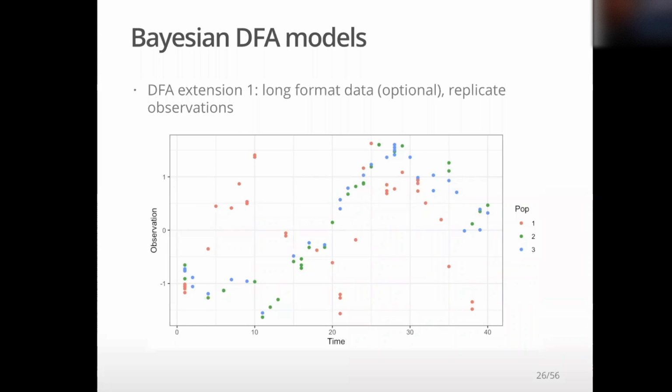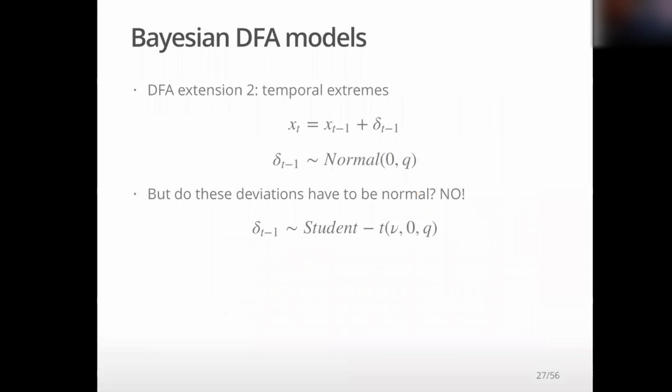So in this case, instead of feeding in the data in that data matrix form, we can pass in the data in a long format data frame, which will be a little bit less efficient, but also lets us include multiple observations in each time step for each different time series. So in this case, there are clusters of pink points, where we have two surveys together that both occurred in time step 10, for example. Okay, so that's the data processing thing.